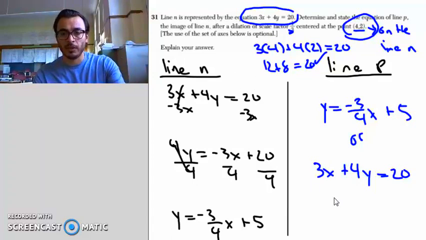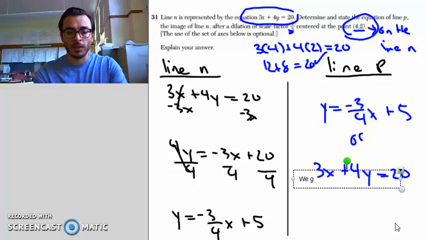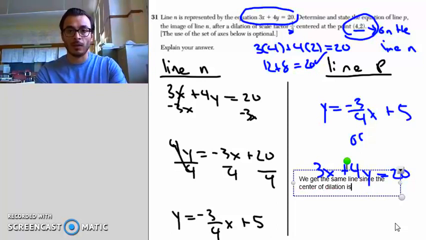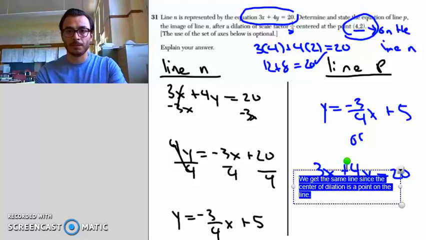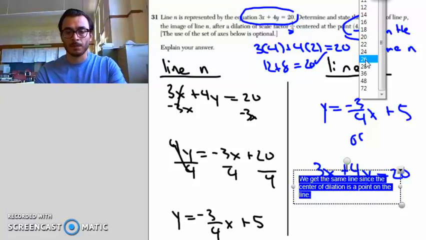So let's give them an explanation. The explanation is, we get the same line since the center of dilation is a point on the line. That's the explanation we give.